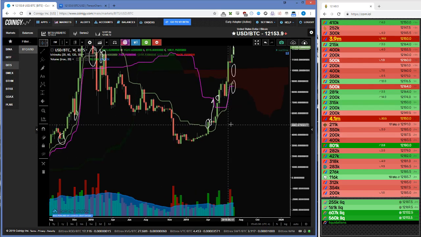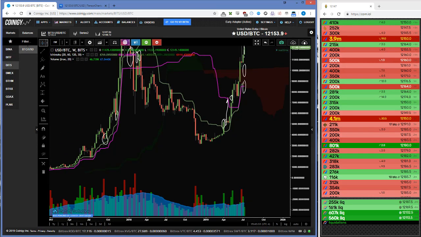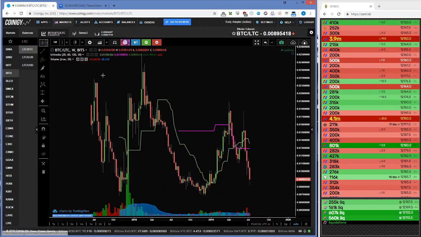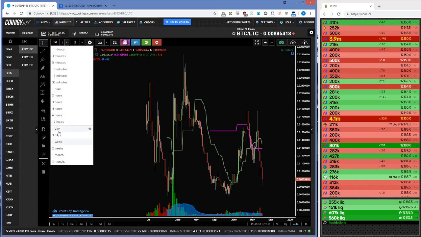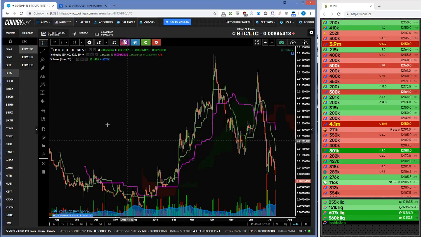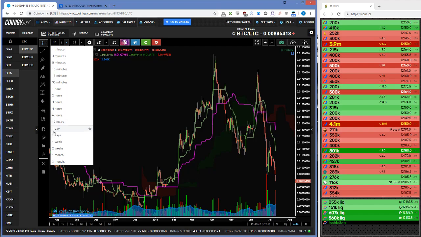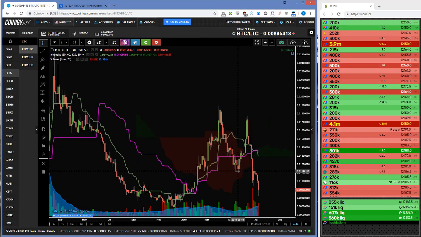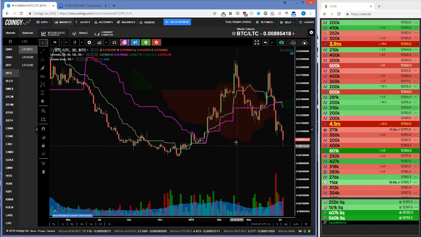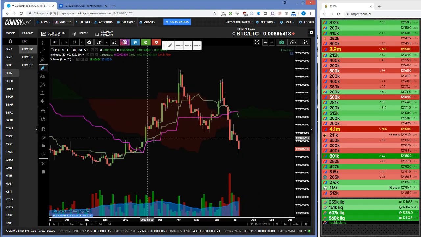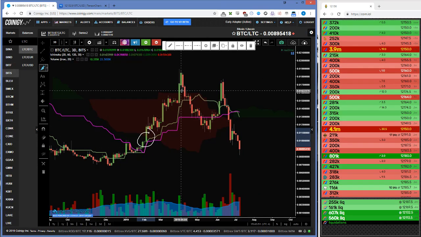It actually is very common. Same thing here with Litecoin, enter, target, and then it kind of becomes support and resistance as well.